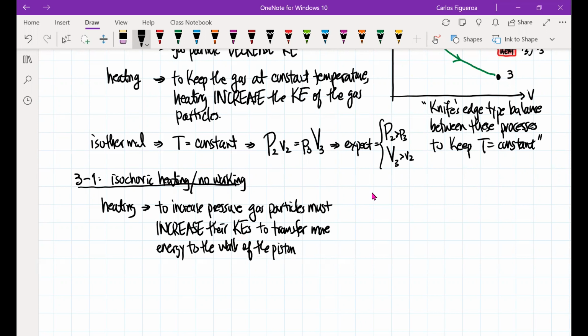You have to increase that. And the only way you can do this is that you have to increase temperature.